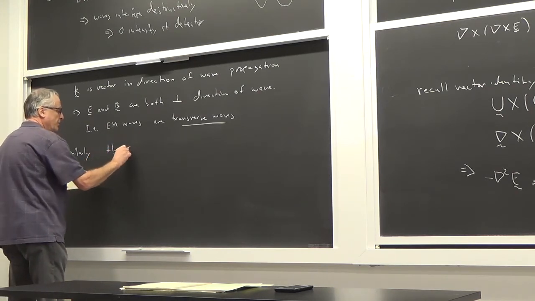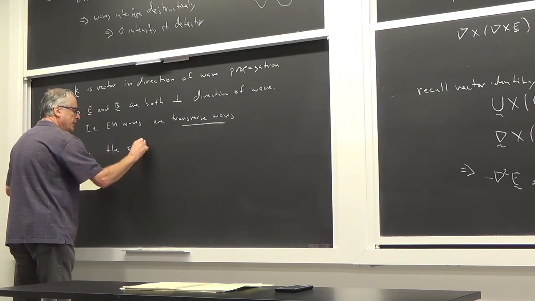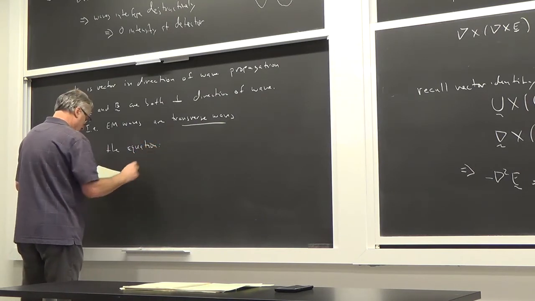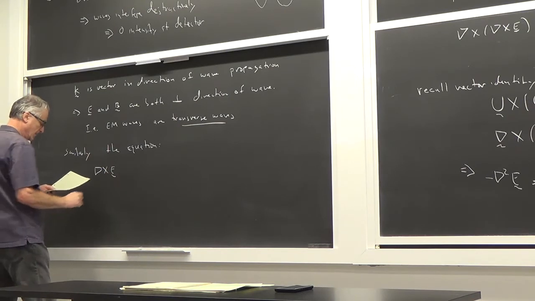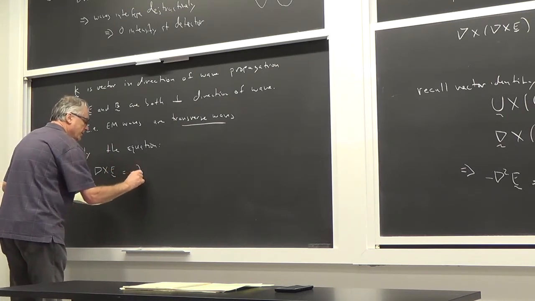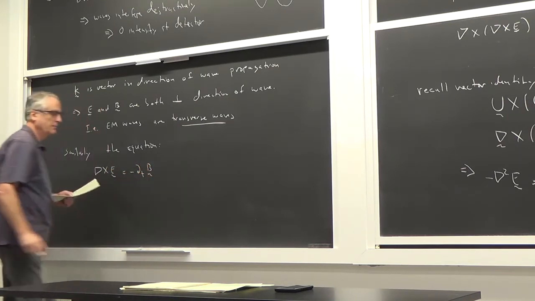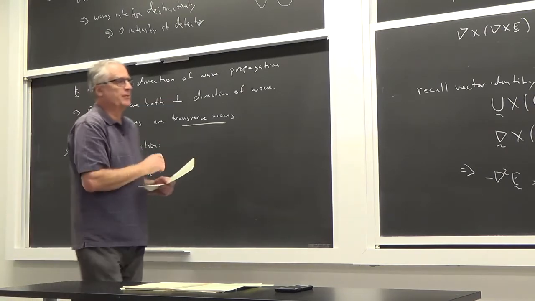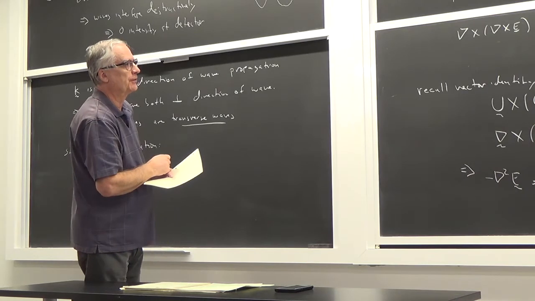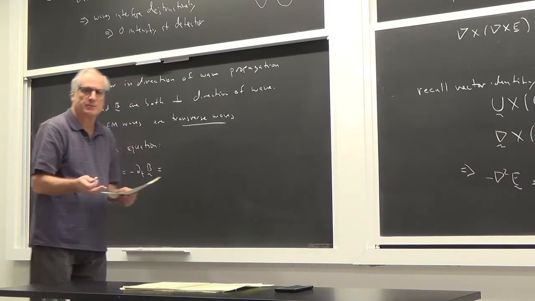Let me go back again to Maxwell's equations, and consider del cross E, which is minus d by dt of the magnetic field. I can take the time derivative of the magnetic field, and it just brings down an i omega.